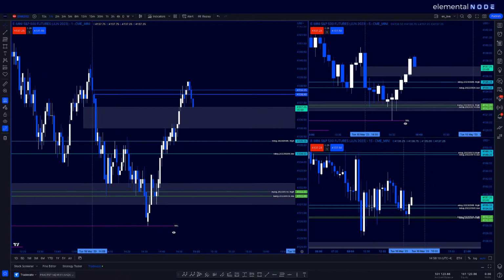So again, small little trade, not worth talking about, but it was good to see a little bit of the price action obeying our analysis based on observation and whatnot.